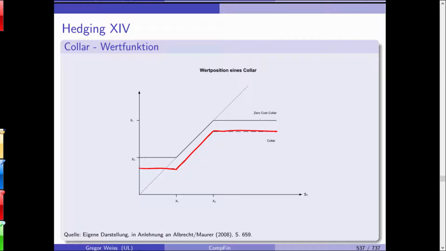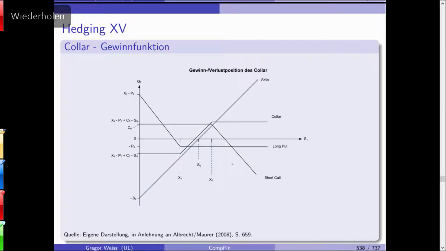And if you have a zero cost collar, actually you have no costs. So here it will just be as the underlying, and you have your profits and losses capped below and up. Okay. Now, of course, this is the payout profile. This is the profit and loss profile. Again, this would be a zero cost collar.